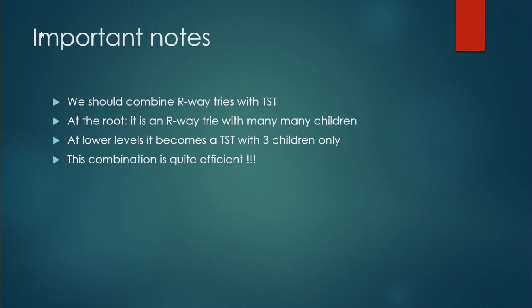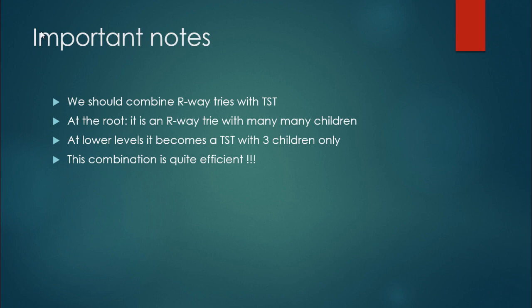So some important notes: we should combine the R-way tries with TSTs. R-way tries means that each node in the trie has as many children as the radix R. So for example, R is usually 26, the number of characters in the English alphabet. So we should combine the two, the TST and the trie. At the root, it is an R-way trie with many children, and at lower levels it becomes a TST with 3 children only.